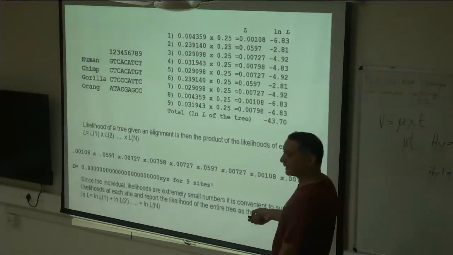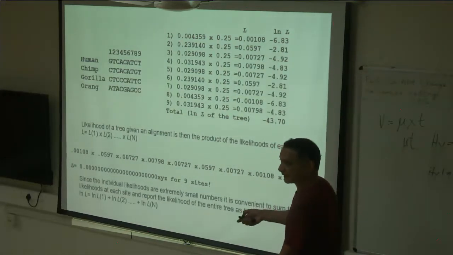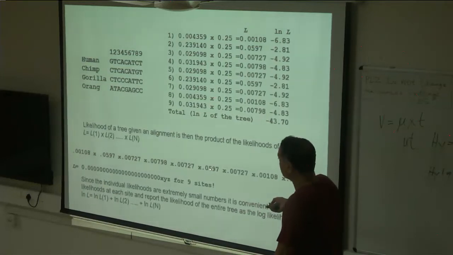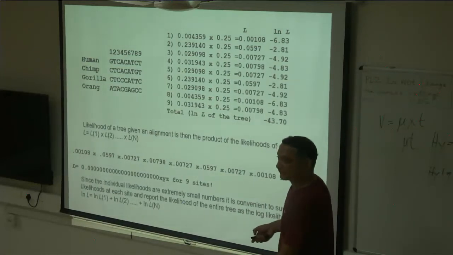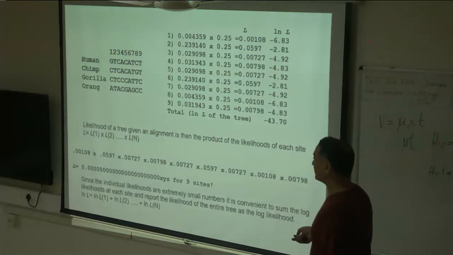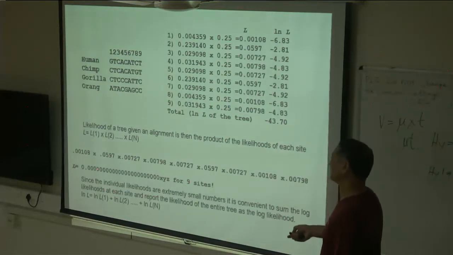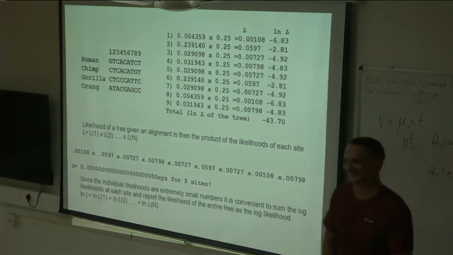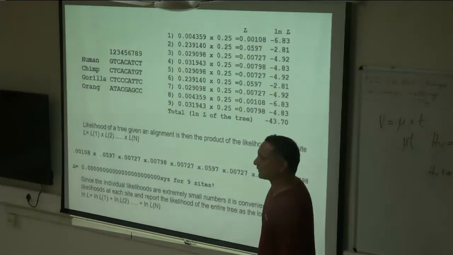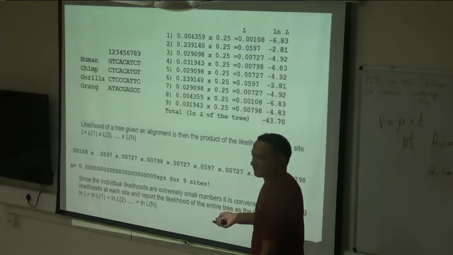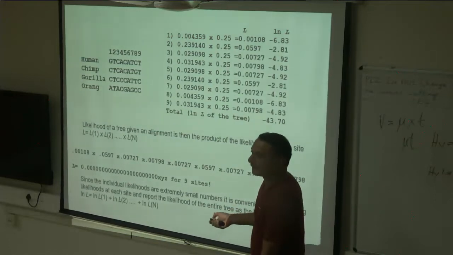Now the problem here, so just pay attention, is that the likelihoods for each site are already a very, very small number. And if you multiply all these really small numbers, you'll get a hugely small number, right? And computers cannot handle such small numbers.